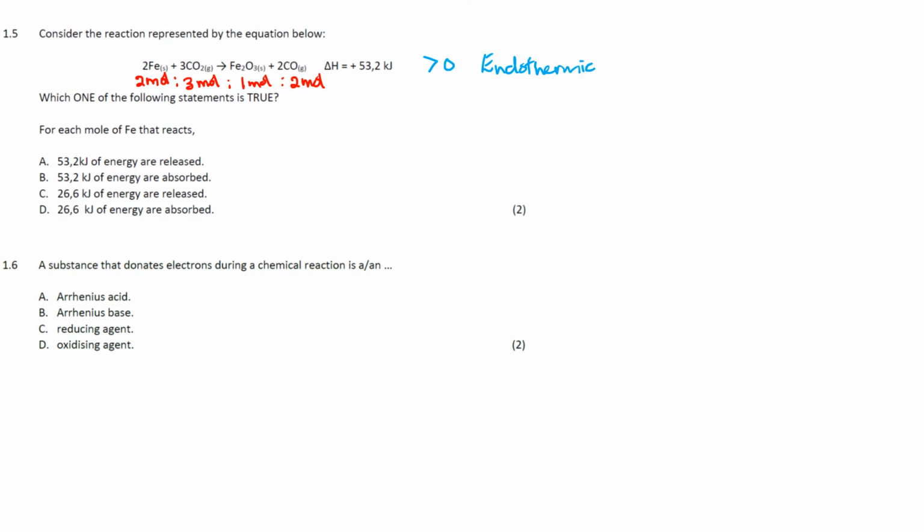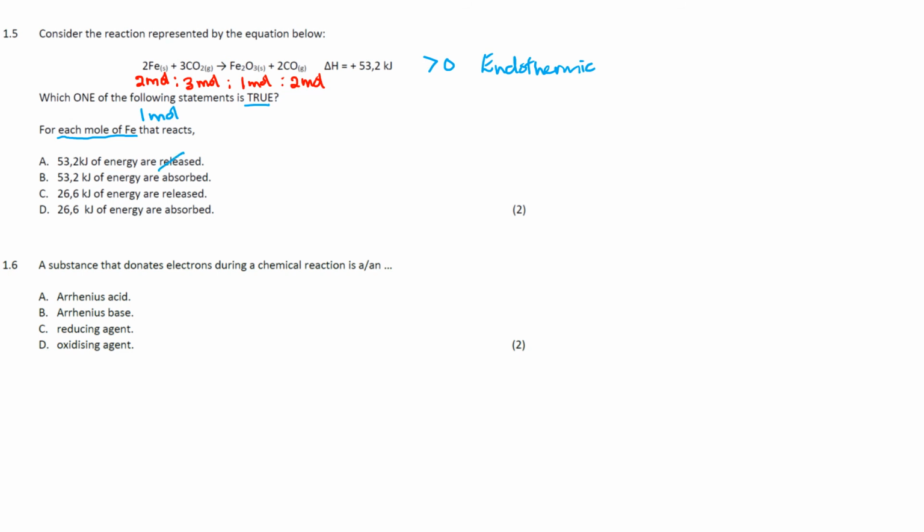Which one of the following statements is true? For each mole of iron that reacts, so not for 2 moles, for 1 mole of iron that reacts, 53.2 kilojoules of energy is released. Nonsense.